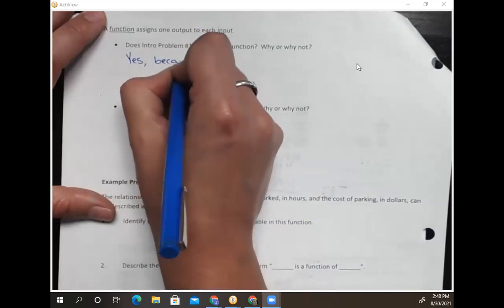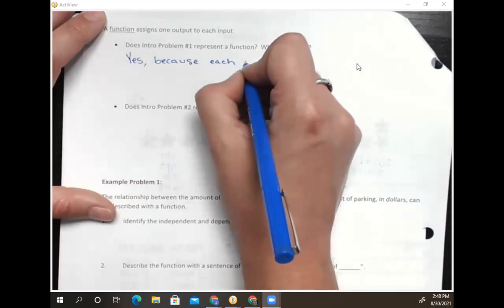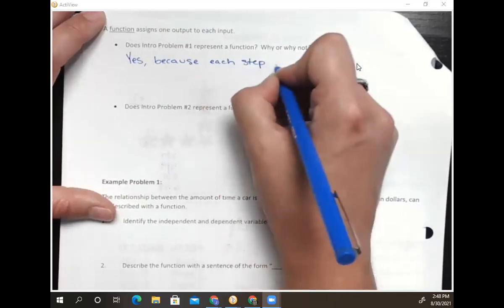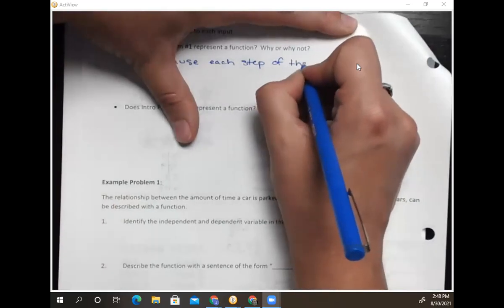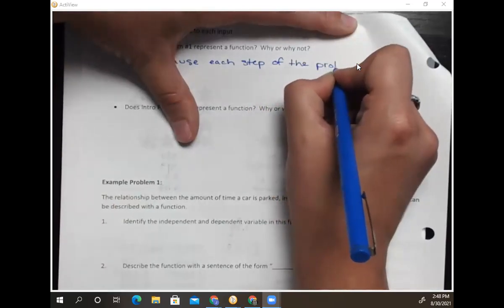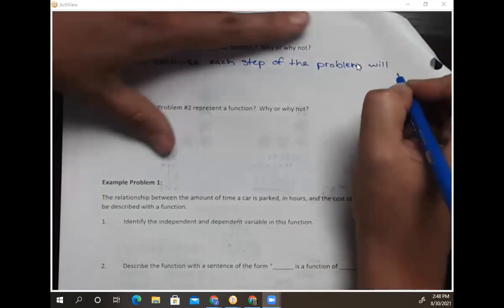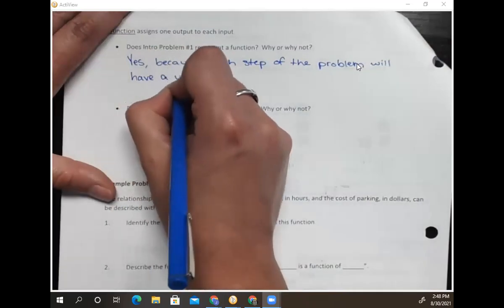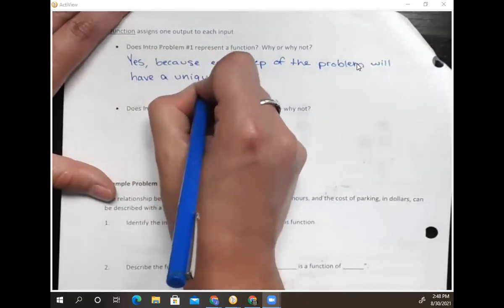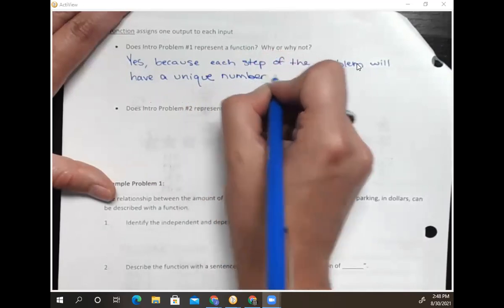Because each step of the problem will have a unique number of stars.